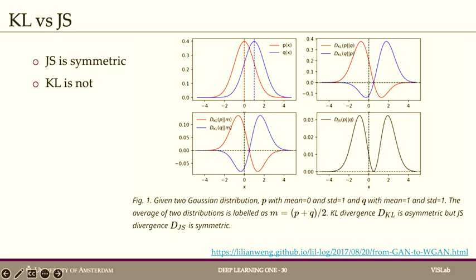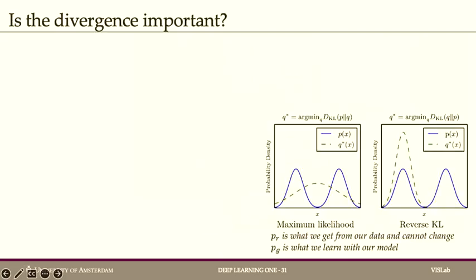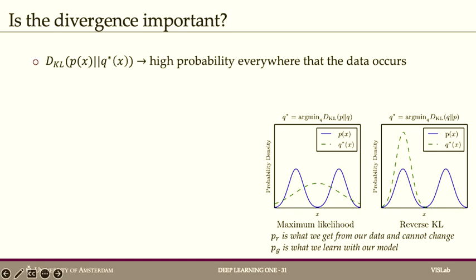And rehashing this point, it matters which divergence measure we take. We have the same plot from the last time: depending on what you do, you will either capture something that's in between 2 modes of the data, where you won't get any samples which are realistic, or only rarely, or you capture one mode, that would be, for example, with the reverse KL. Except in our case, it's the other way around, so the KL will give you the mode capturing.